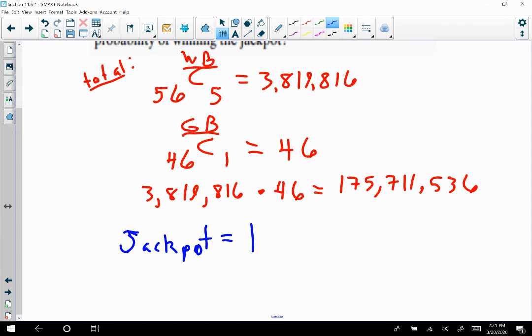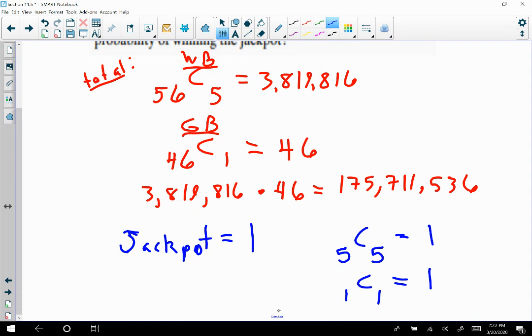If you want to match the 5 numbers, how many ways are there to match that? 5 choose 5 is only 1. Same thing with the gold mega ball. There's only 1 gold mega ball. How many ways to match it? 1. So 1 times 1 is 1. There's only 1 way to win the jackpot. Either you have the numbers or you don't.